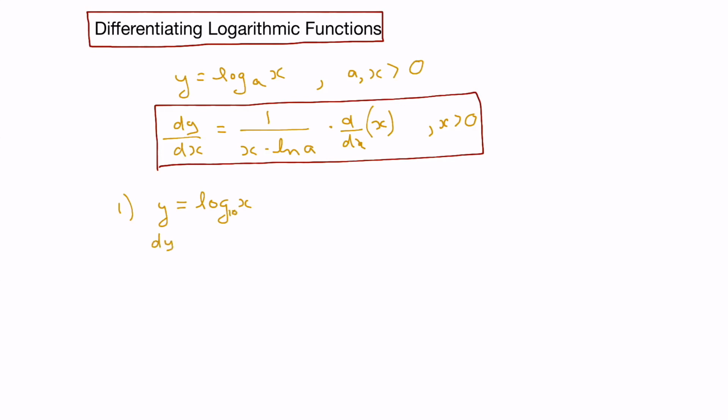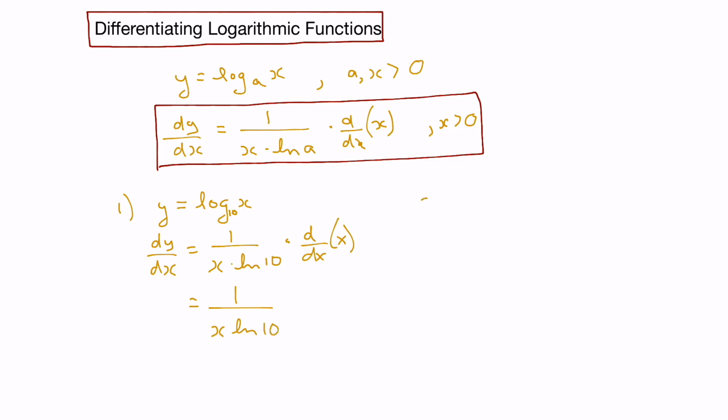The derivative of y with respect to x is going to be 1 over x times the natural logarithm of 10 times the derivative of x. Now the derivative of x is just 1. So this becomes 1 over x ln 10.